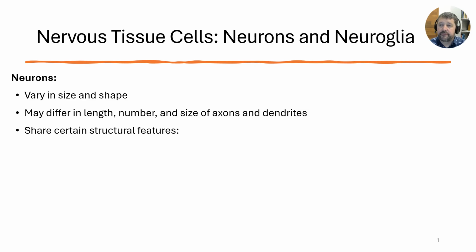And this is the site of signaling. Okay. So length, etc., can definitely change. We often use neurons as an example of a typical cell.